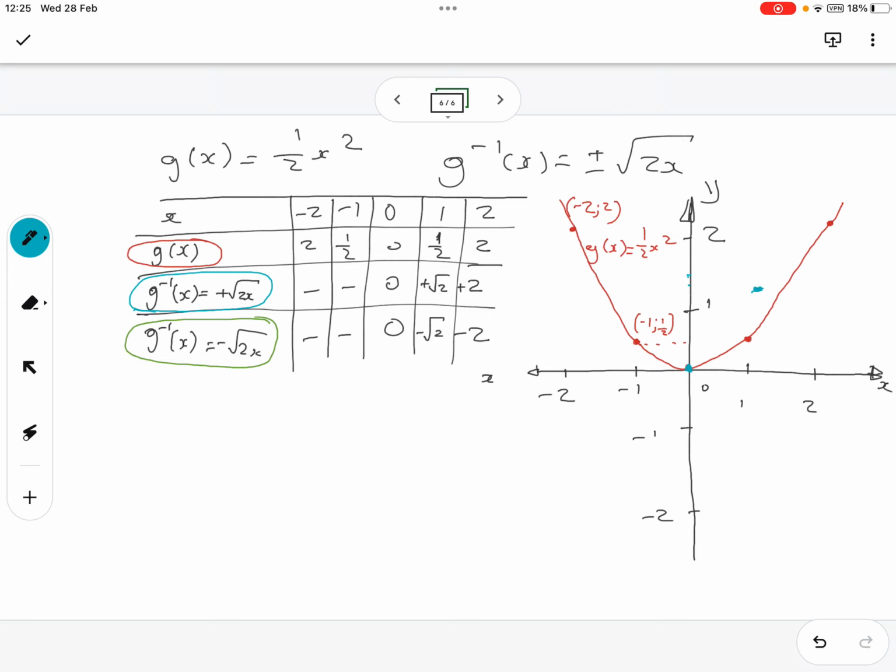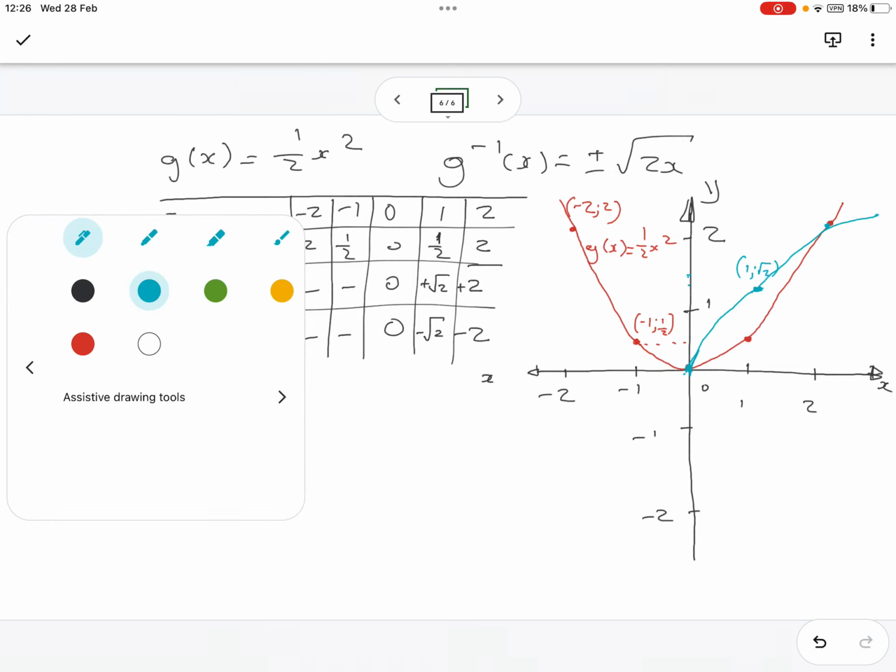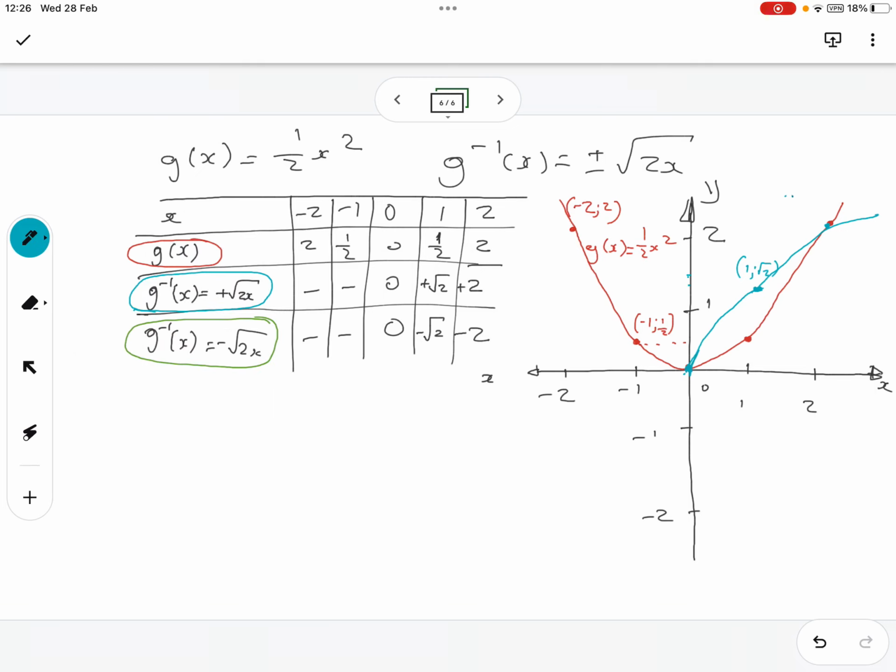And then at 2, it also maps to 2, right? So our curve will, yeah, just something like that. Let me first finish off there. That's 2, 2.